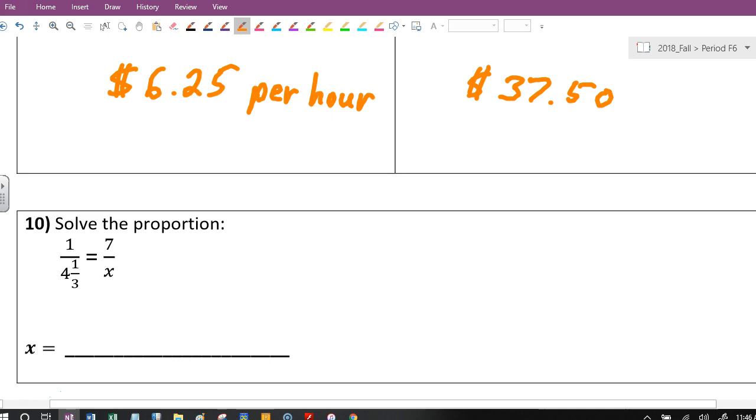I just did 13 over 3. How did you get 13 over 3? I multiplied 4 times 3, and that's 12, and then I added 1. So for 4 wholes, that's 12 thirds, and you also have 1/3 left over, so that makes 13 thirds. You need to understand how it works.